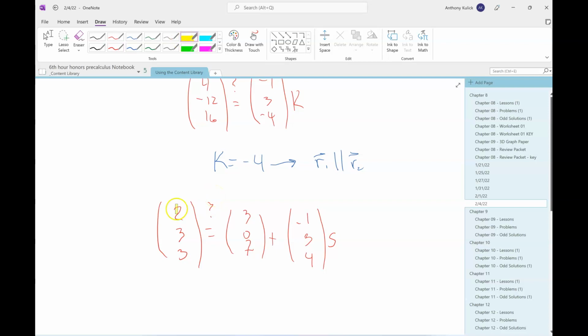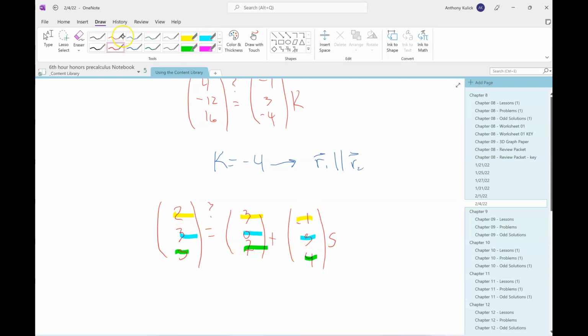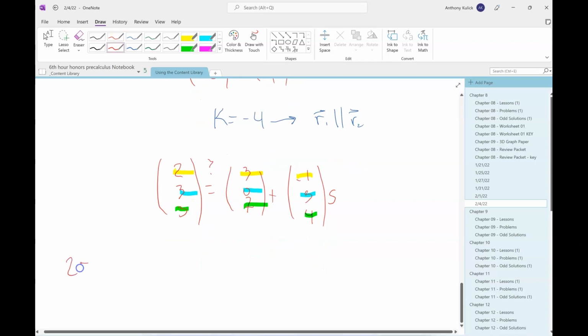And again, this is exactly like what we just did in the last example, right? So I'm just going to see, is there a single S that satisfies all of these equations?